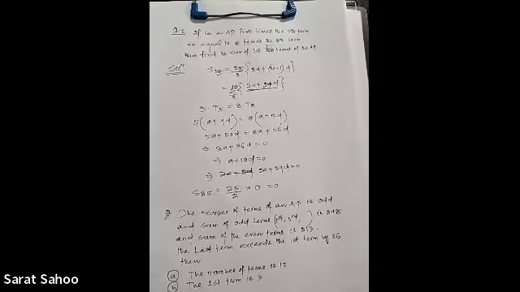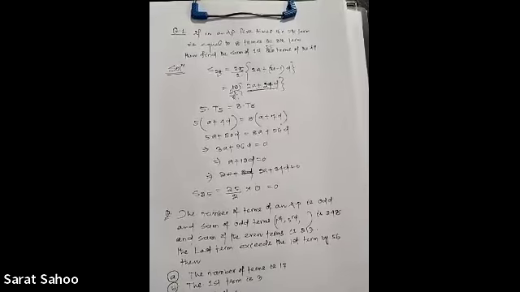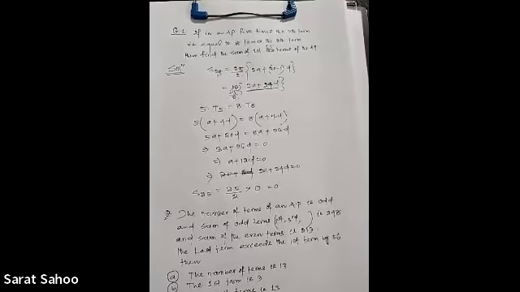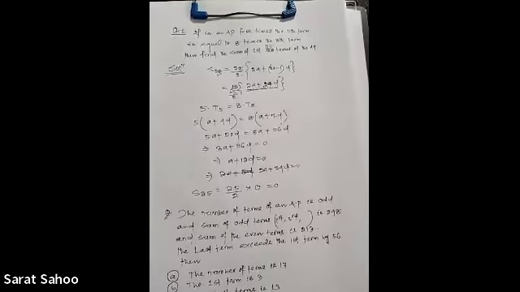Option C, the number of terms is 13. And option D, the first term is 1. Okay? Now try to solve.